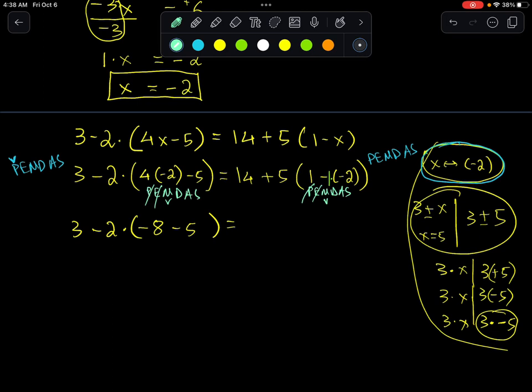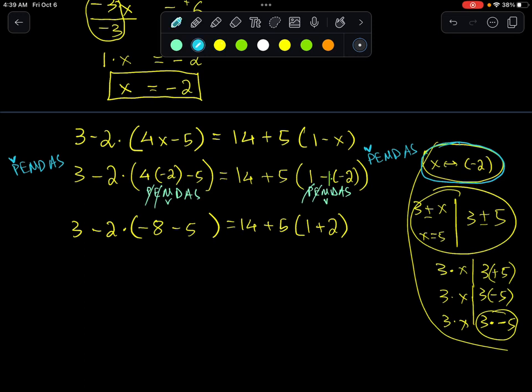So since there is something to do inside the parenthesis, I do it, and on the external PEMDAS I work on the P. Okay, everything else is gonna drop except for this multiplication. So 14 drops plus 5 parenthesis drops, 1 drops. Now I have negative 1 times negative 2. Negative times a negative is positive. 1 times 2 is 2, and that's it.